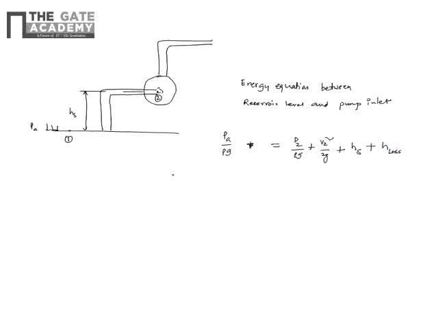So now from this P2 by rho g, obviously we can say that P2 will be less than the atmospheric pressure. So basically from this equation we can say the inlet pressure of the fluid is less than the atmospheric pressure, because all these terms are non-zero positive terms.